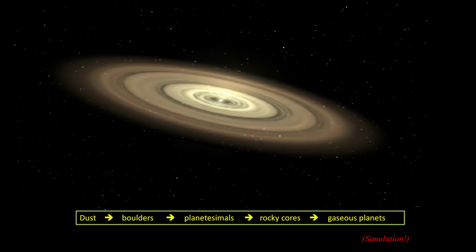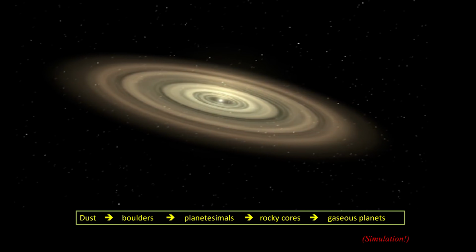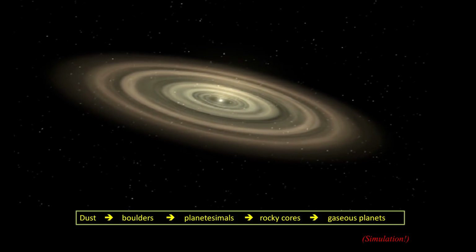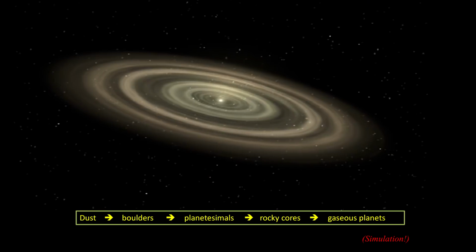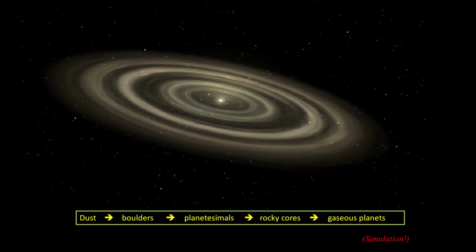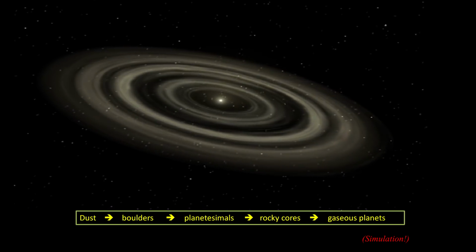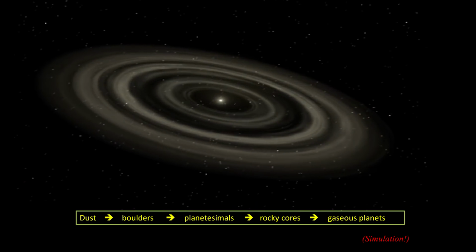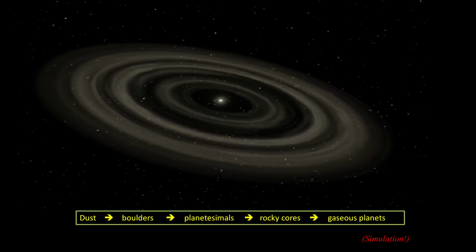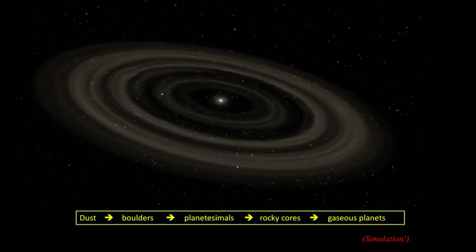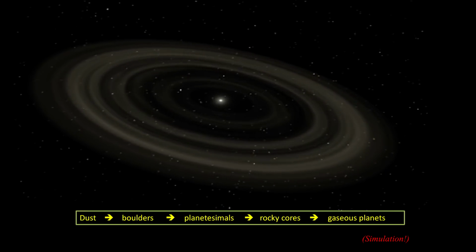So what happens in these rings? Well, as I said, the clouds are full of bits of material, very small, usually dust, like grains of sand. But the grains of sand will eventually, under gravity and attraction, come together and form boulders. This is a simulation. They come together to form boulders, and then planetesimals, which are small planets.